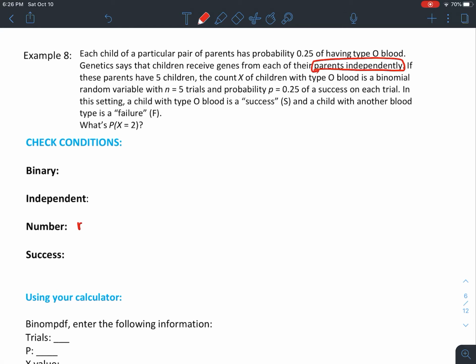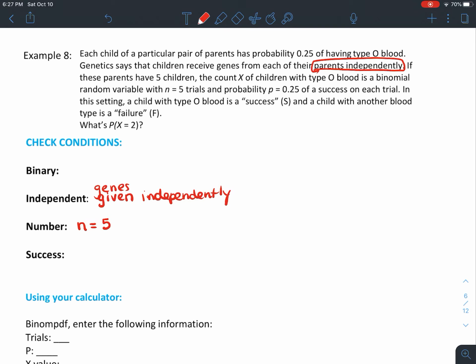Okay, I'm going to go ahead and fill some of this in as I'm reading it here. So 5 children, that would be n, the number of trials. I'm going to say that the independence condition is met because genes are given independently.